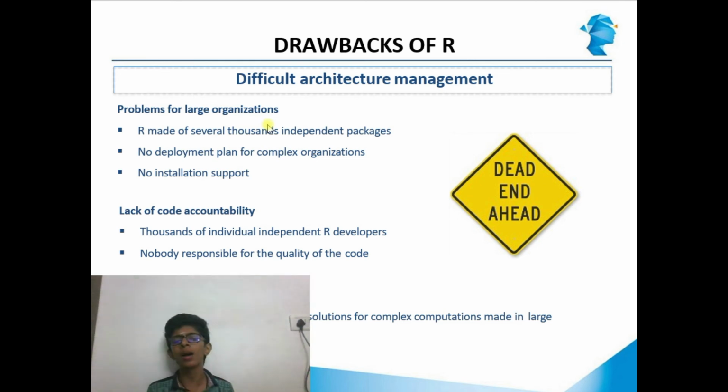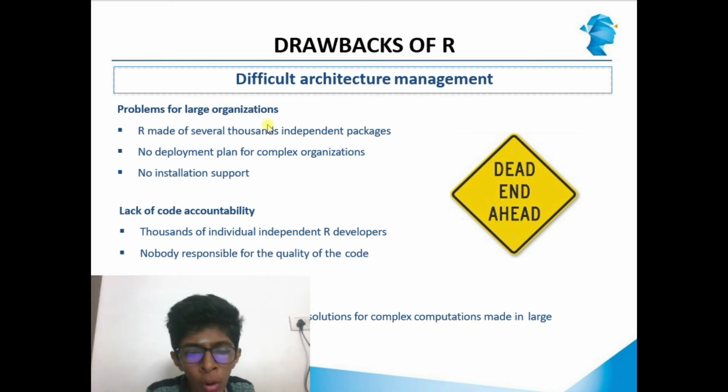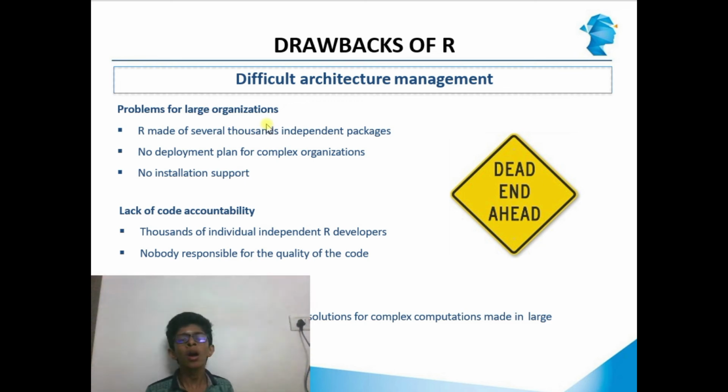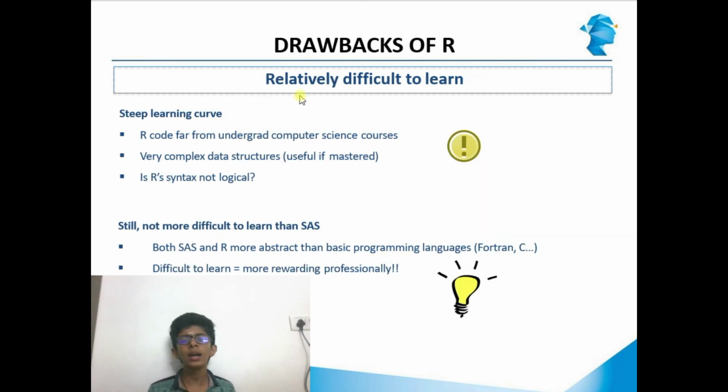Nobody is responsible for the quality of the code, and there is potentially high hidden cost. Total cost may favor commercial solutions for complex computation made in large corporations.